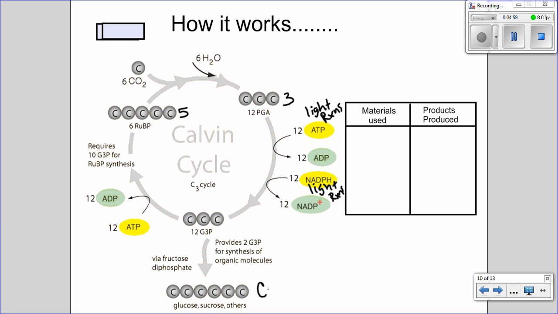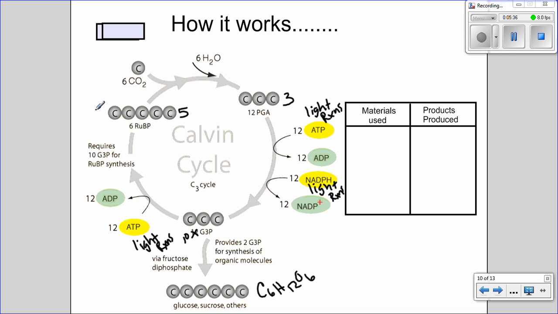So this is your glucose, C6H12O6, created from 2 of your 12 G3P molecules. The remaining 10 G3P molecules take ATP again from the light reactions and undergo a series of chemical reactions that convert your 10 G3P molecules back into RUBP, and now you're at the beginning of the cycle.